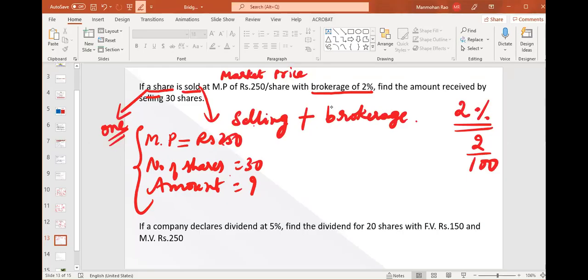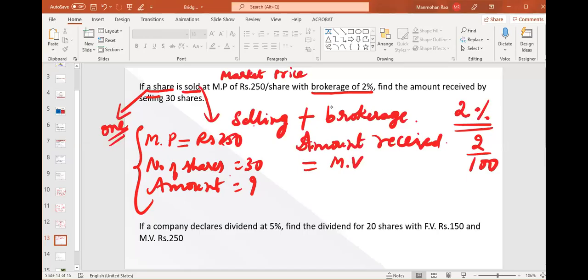So how much is the selling price here? The selling price or the amount received. Here the amount received is asked. Amount received for one share: if there is no brokerage, how much amount do you receive? 250 rupees.